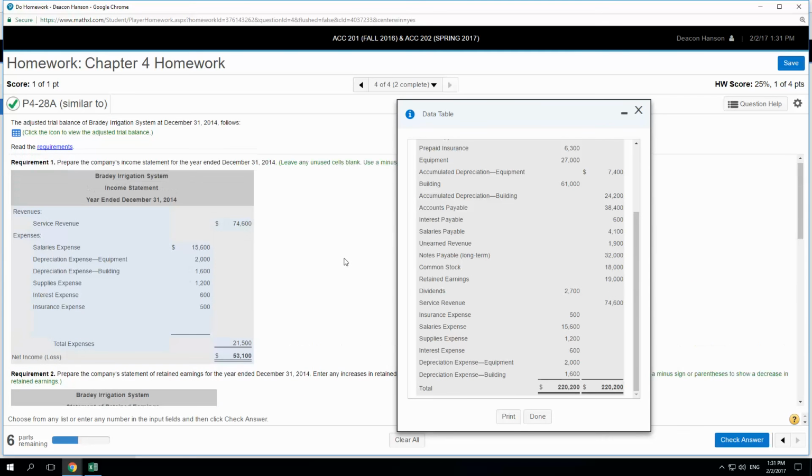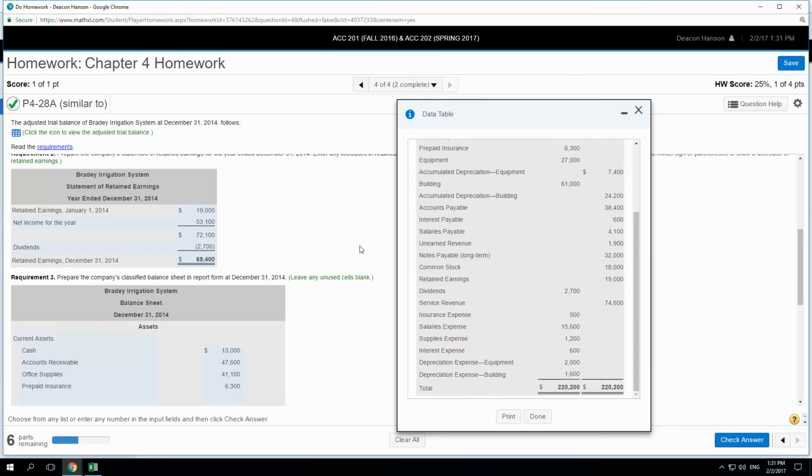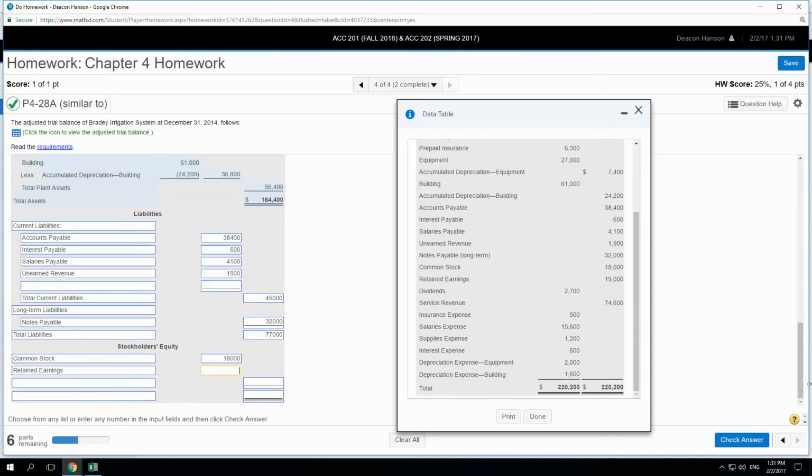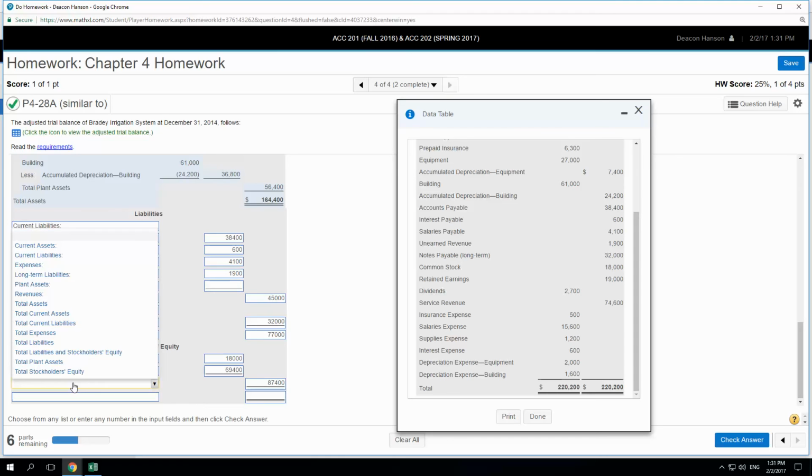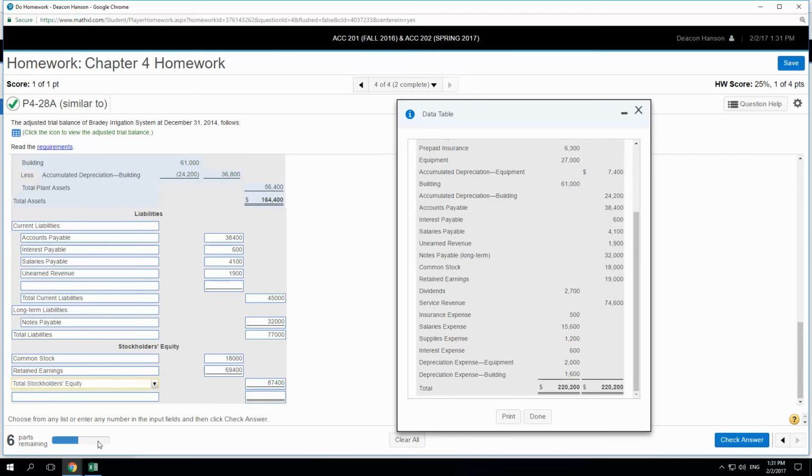Remember, those financial statements are prepared in this specific order, because we have to link net income via retained earnings to the balance sheet, okay? So I'm going to use my ending retained earnings from the retained earnings statement, 69,400. That's going to be my ending retained earnings, okay? And then if I add those two, I'm going to have 87,400, okay? And that will be what we call our total stockholders' equity, okay?